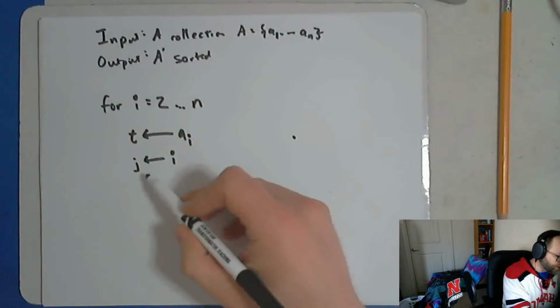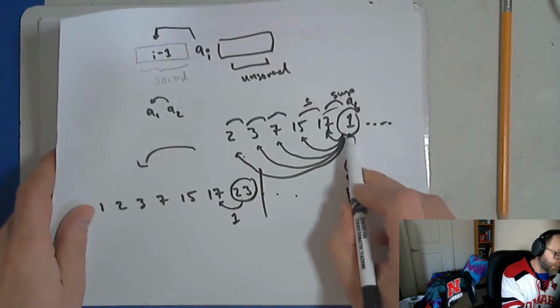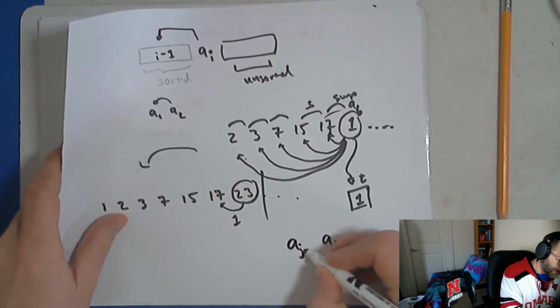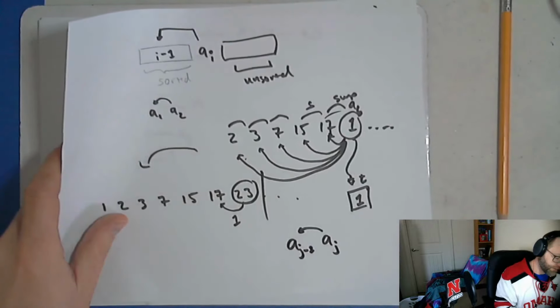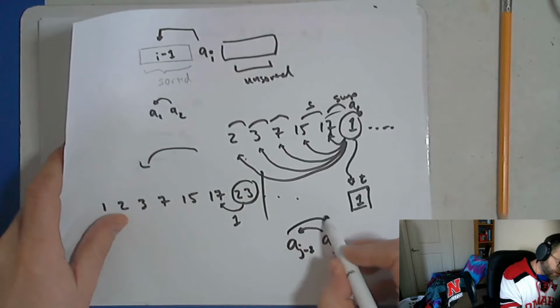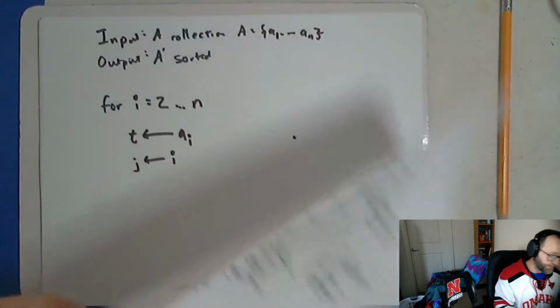So if I'm using j as my index value, I'm going to compare a sub j and a sub j minus 1, the one right next to it. And if this is less than the temporary value that I'm looking at, then I need to shift this over by copying it. Okay?